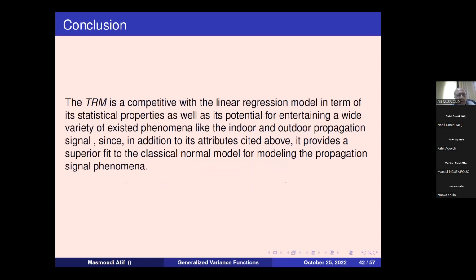In conclusion, the 3D regression model is competitive with the linear regression model in terms of its statistical properties, as well as its potential for modeling wide-ranging phenomena in outdoor signal propagation, since in addition to its attributes cited above, it provides a superior fit to the classical normal model for modeling the propagation signal phenomena.